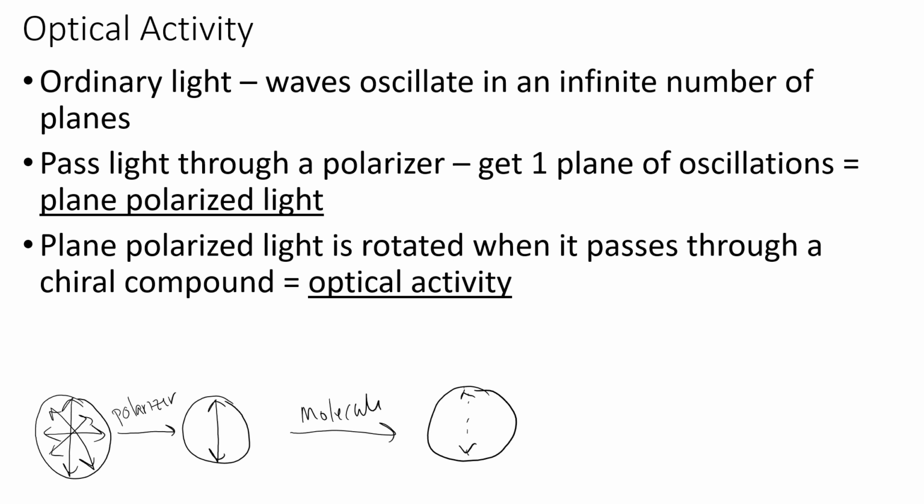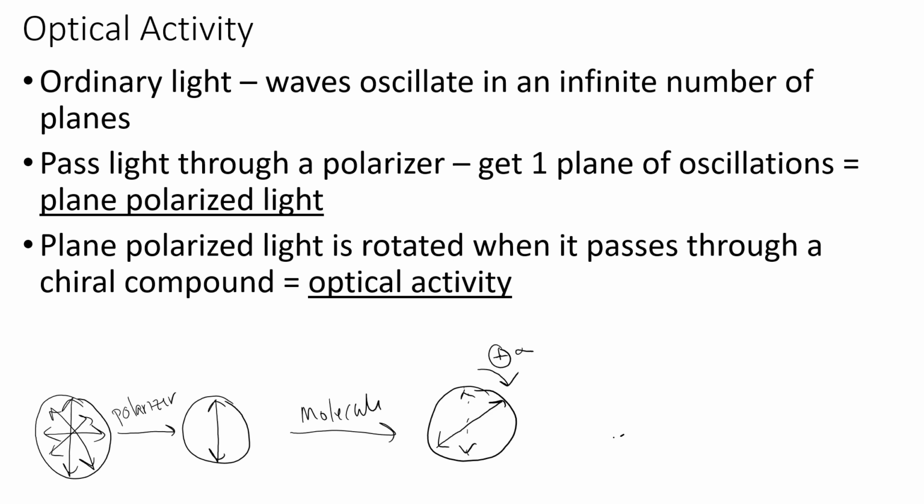So when we pass the plane polarized light through our molecule, instead of that plane being straight up and down, we're going to see a rotation in that light. That rotation can either be clockwise, that we see here. This is oftentimes going to be denoted by a plus sign. And this would be considered a plus rotation. Your textbook walks you through how to calculate this amount of rotation, which is denoted by the symbol of alpha.